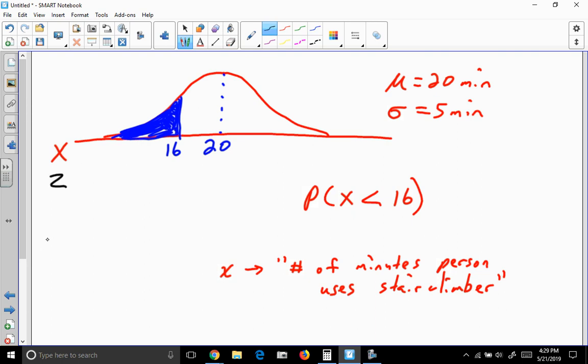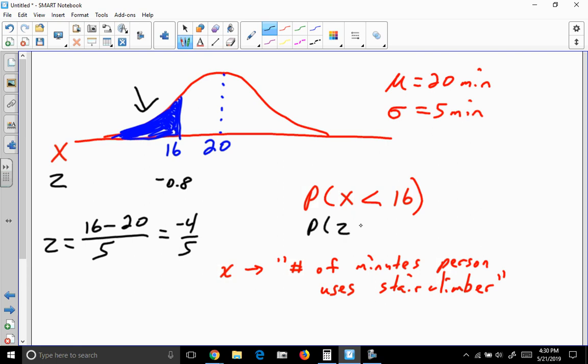So the Z value associated with 16 is 16 minus the mean, divided by the standard deviation. So 16 minus 20 over 5, so -0.8. That's how many standard deviations below the mean 16 is. So we want to find the probability that Z is less than -0.8, which corresponds to the probability that the minutes used is less than 16.